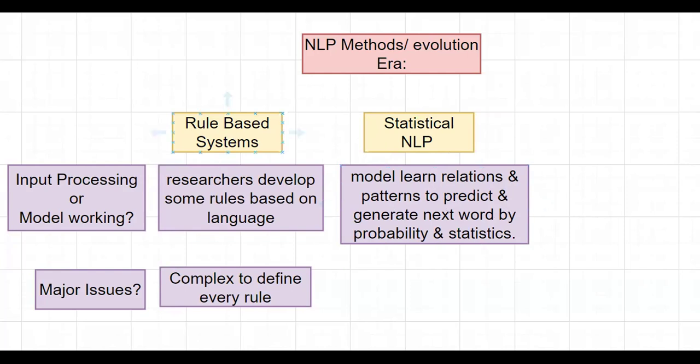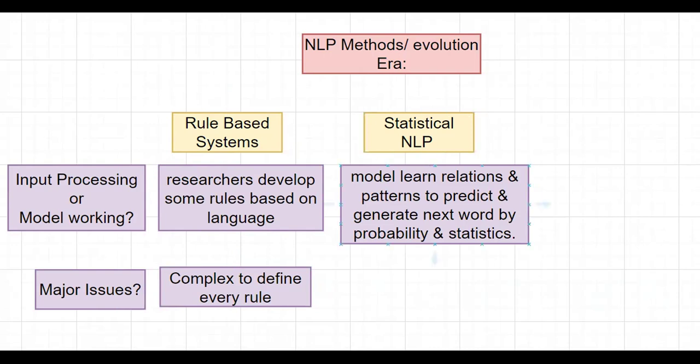In these statistical NLP methods, the major issue here is that in rule-based systems we are manually creating the rules. But in statistical NLP, we provided a probability, and based on the probability and statistics algorithm we are predicting the next upcoming word. And we defined the probabilities based on the previous data that we trained this model with.